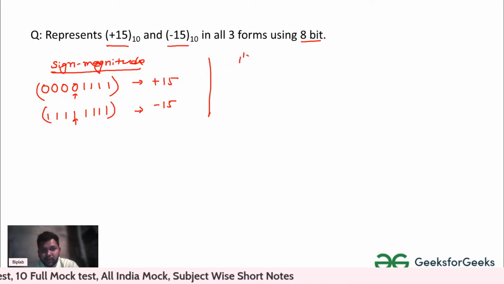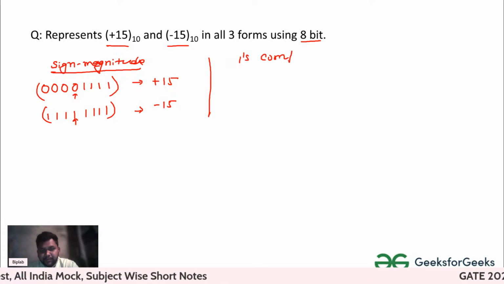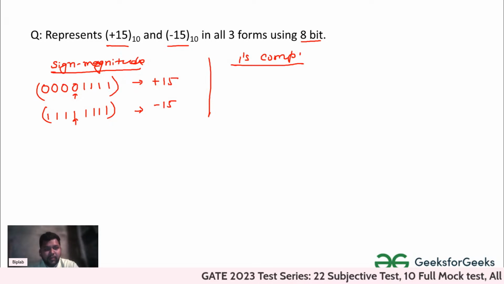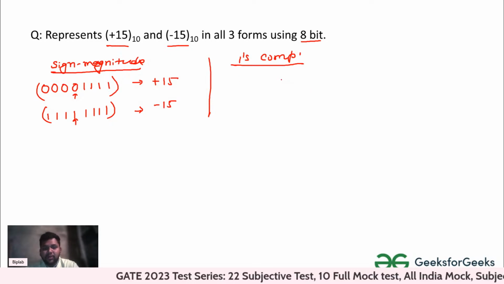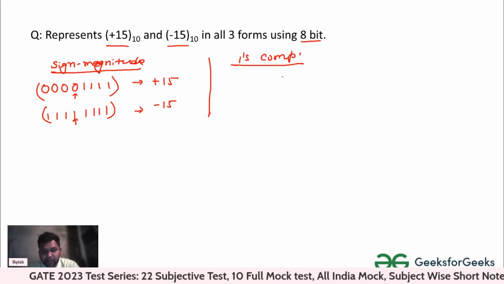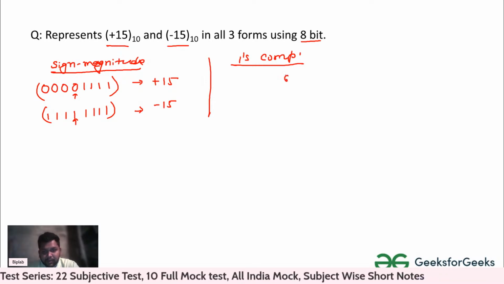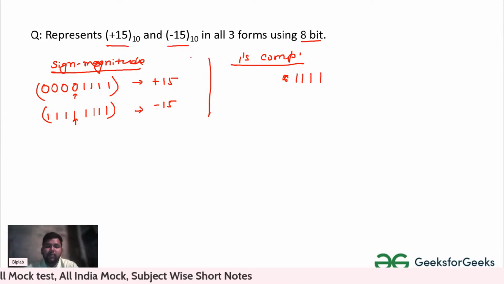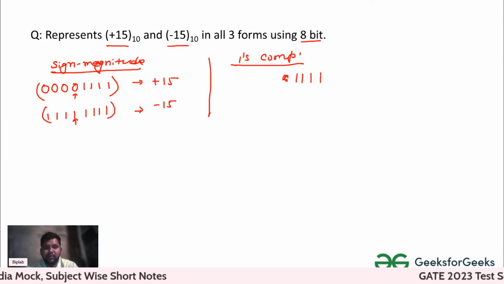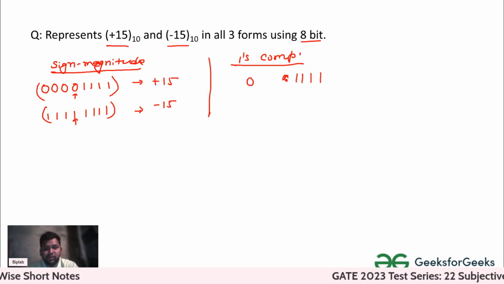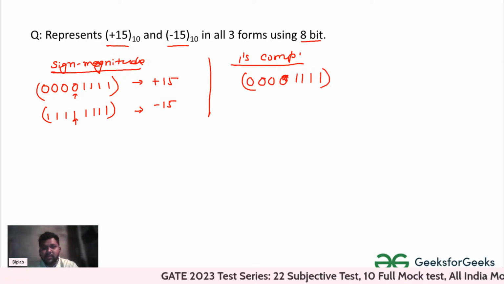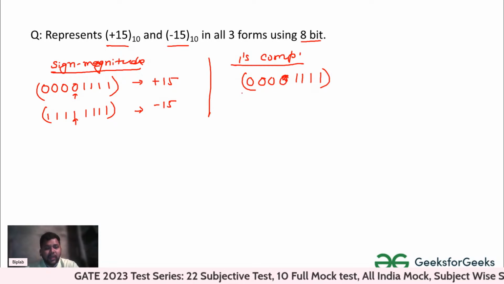Now comes the ones complement. Again, for 15 it will be 1111. For a positive number we don't do any complement, and we just write 0 for the sign.